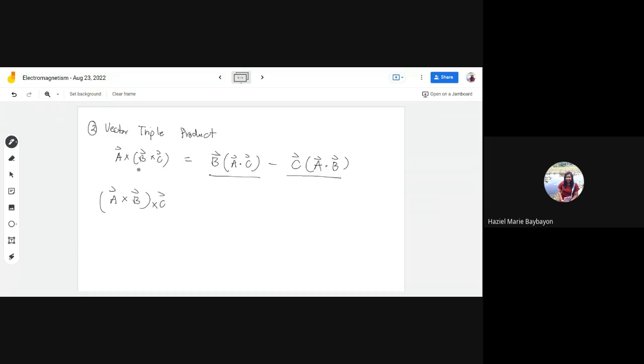So when you put the parenthesis on A cross B, this has a different meaning from the first one. This is actually equal to minus C cross A cross B. So it is not equal to the first one.